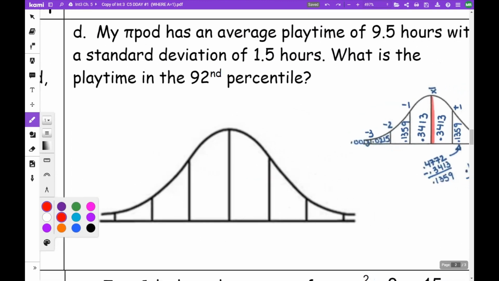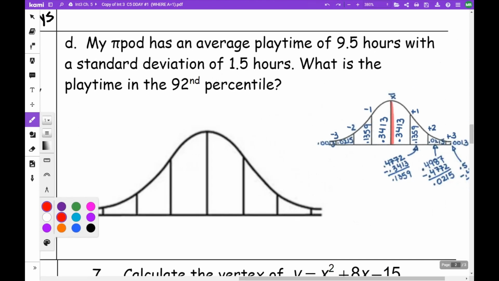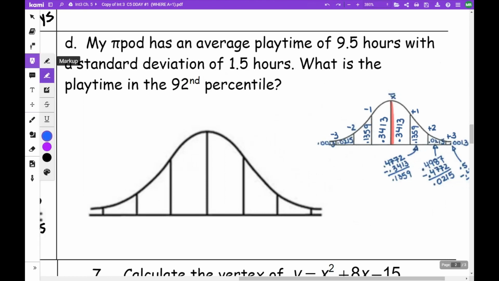This one here, my Pi Pod has an average playtime of 9.4 hours with a standard deviation of 1.5 hours. Okay, so the average is 9.5 hours. The standard deviation is 1.5. What is the playtime in the 92nd percentile?